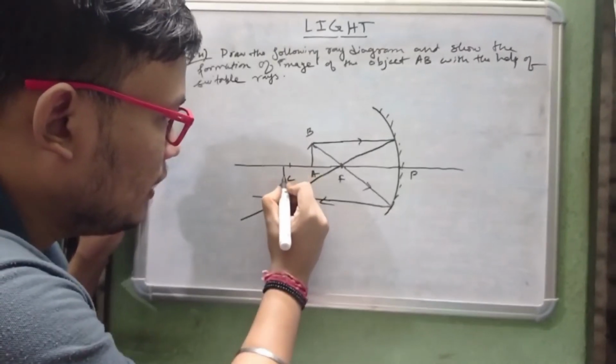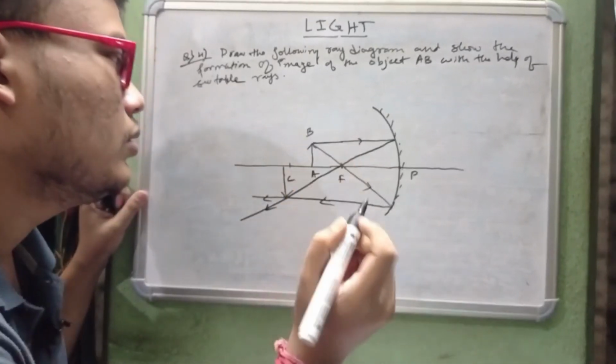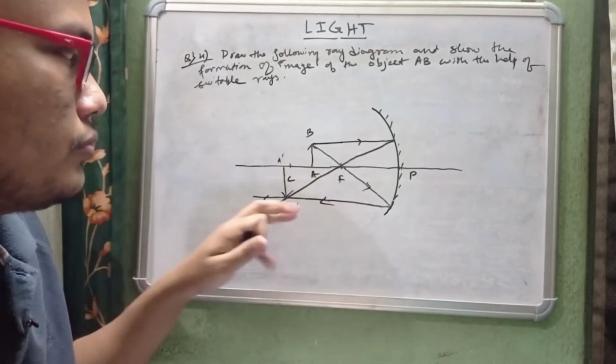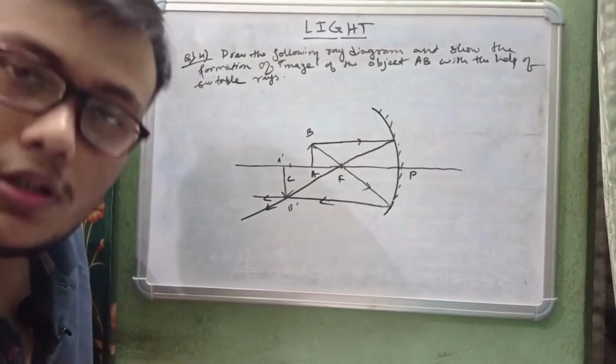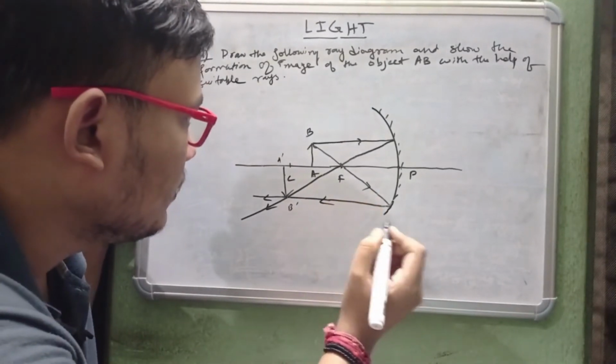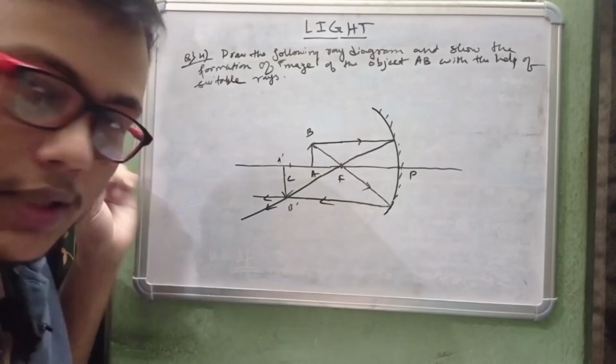So we can see that an image will be formed, A bar B bar, which is beyond C, right? So we can see that the image is formed beyond C, right?